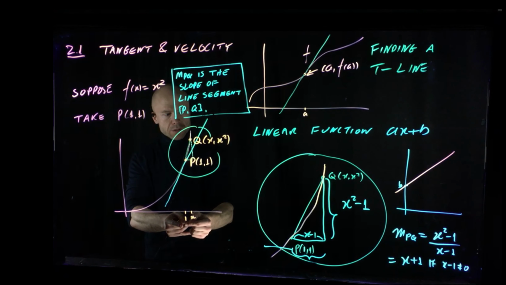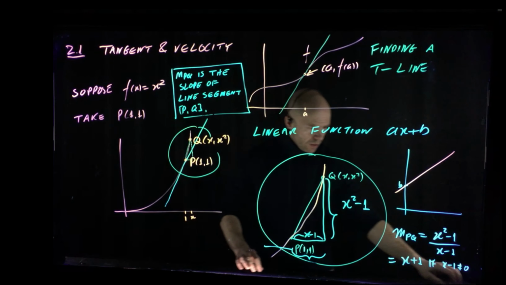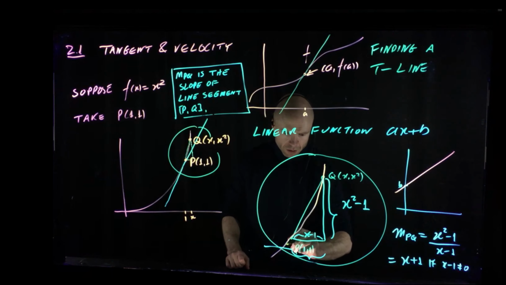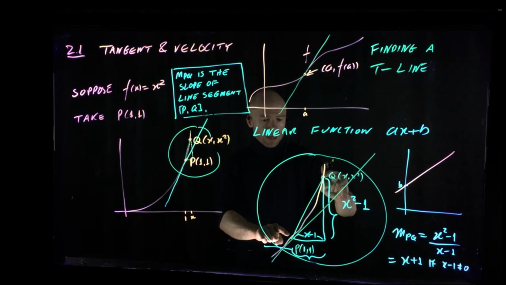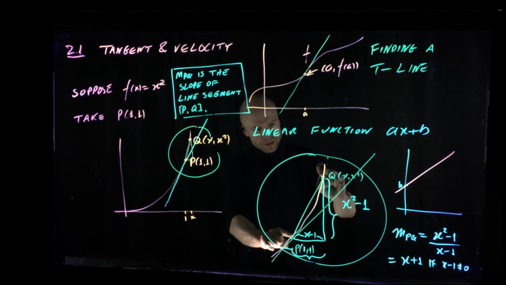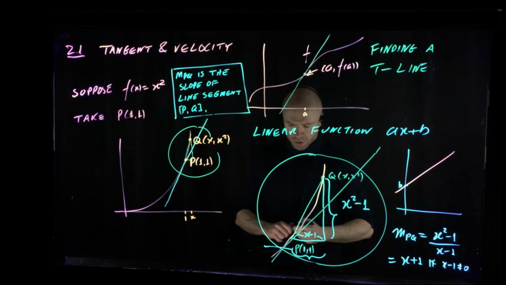Right? You can just see that from the picture. So if I put it on the blown up picture, if we draw the tangent line that we're looking for, it's like a line like this. And as we let x get closer and closer to 1, then this line segment has a slope closer and closer to this line segment, which is the one that we're looking for.